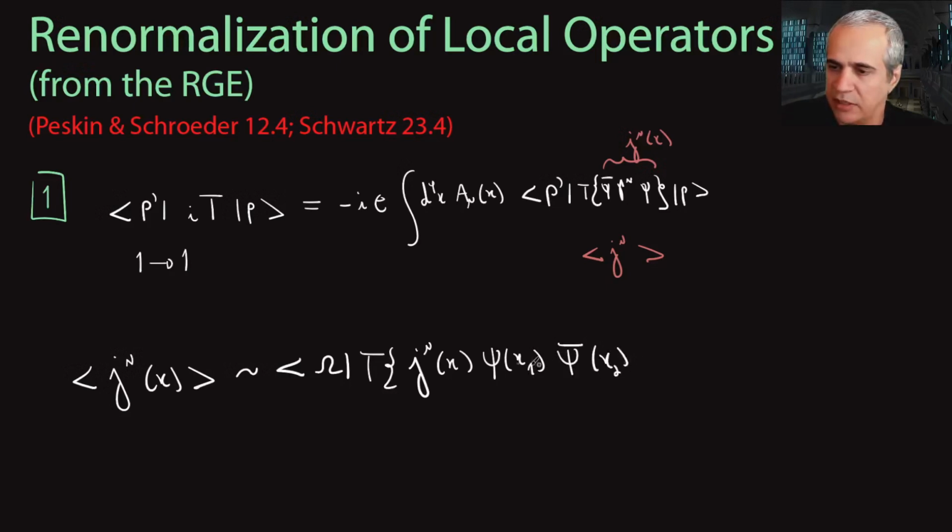And these are the operators that create the initial and final states, but I'll get contractions between them and J mu in order to calculate this. So I'm calculating the expected value of a local operator times the fields, but that operator does not appear in the Lagrangian, and does not even satisfy the symmetries of the Lagrangian. J mu is not Lorentz invariant by itself.